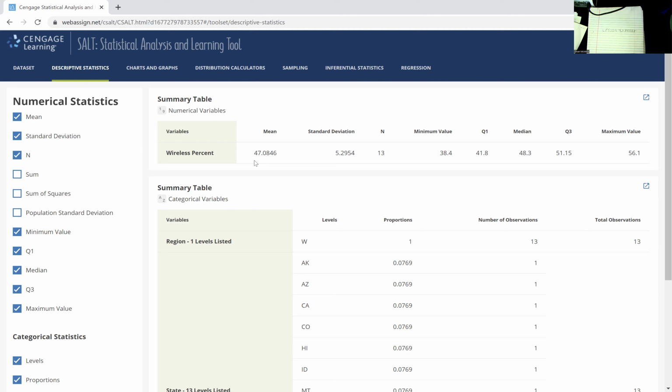41.8. And Q2, or the median, is 48.3. So I'll write that down, 48.3. And Q3 for the Western states is 51.15. And the max is 56.1.